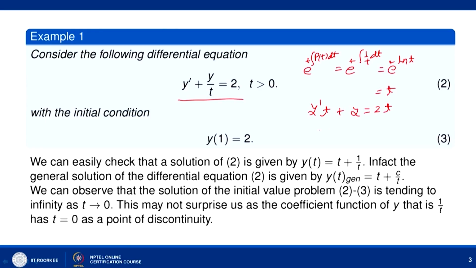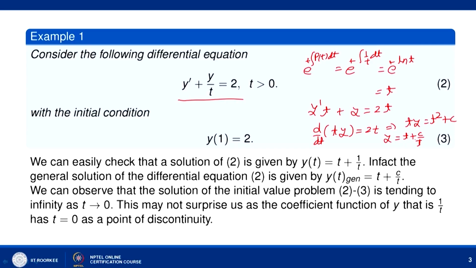If you simplify this, the left side is d by dt of (t y), equal to 2t. Integrating, t y equal to t square plus c, so y is t plus c by t.